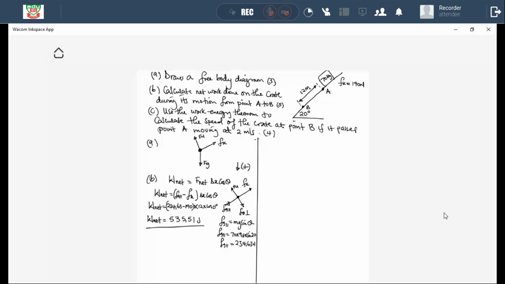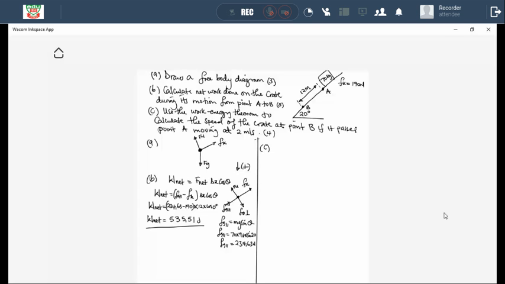So it means as the block moved from point A to point B, the net work done is equivalent to 535,51 joules. Then item number C, I'm going to calculate it on the other side. Use the work energy theorem. You see, when the examiner is so specific about the method that must be used, we are now guided.